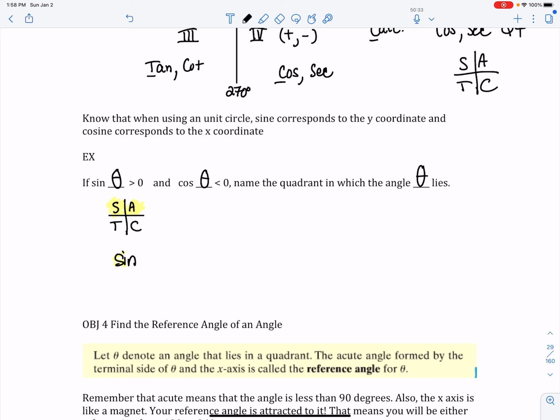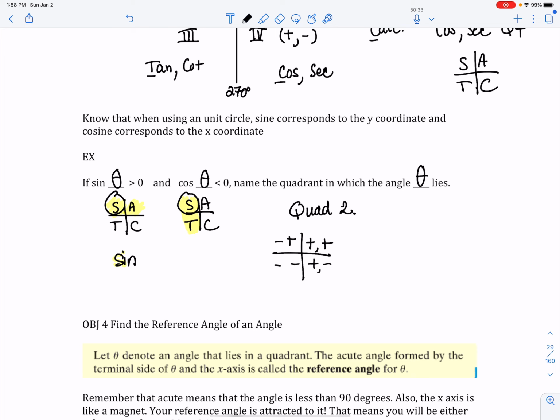So cosine, and once again, if we use all students take calculus, cosine is negative in anything that doesn't have an all or a c in it, right? So that's quadrants 2 and 3. So the overlap here is quadrant 2. That's where sine is positive and cosine's negative. So the answer to this is quadrant 2. The other method you could have used is, like I said, plus plus, minus plus, minus minus, plus minus.